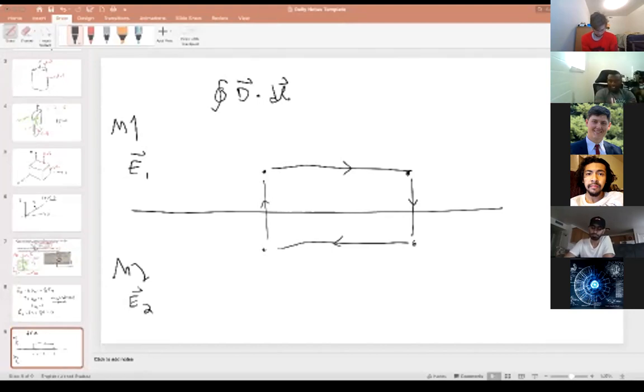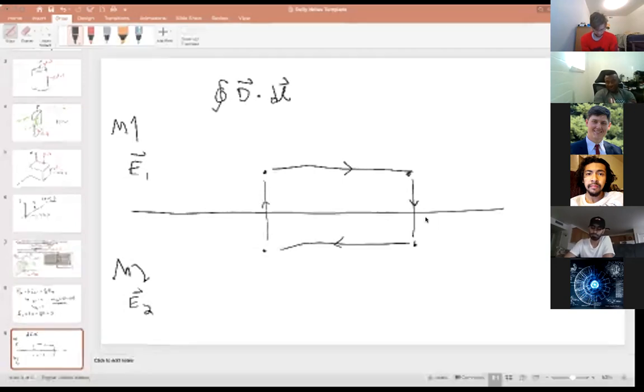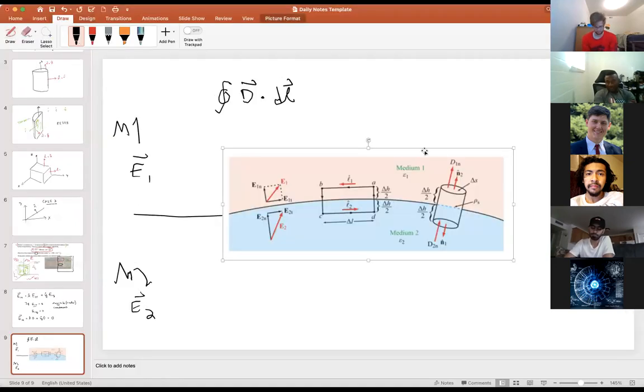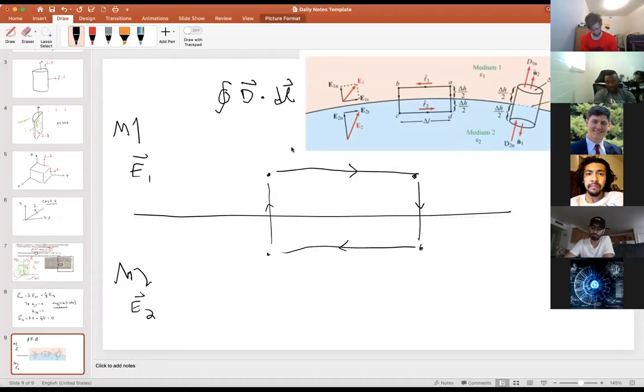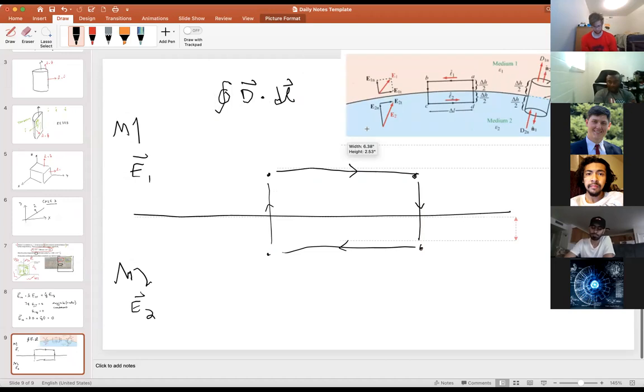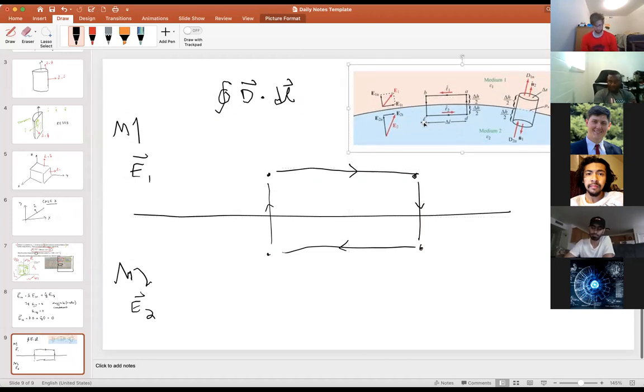I think that the book even has a picture of this. So if you look in the book, this is their little picture. If you were to do that, you could go all the way around some closed path in there, and you could integrate your field around it.